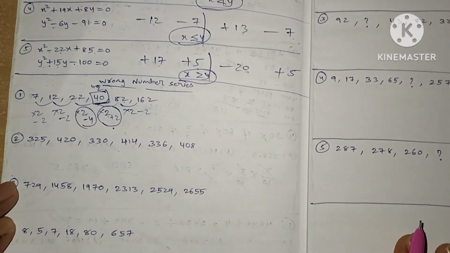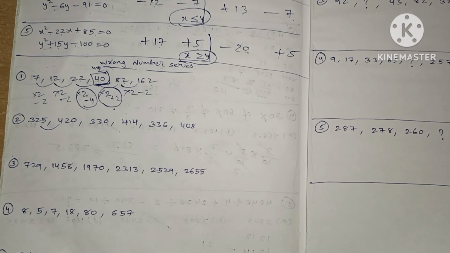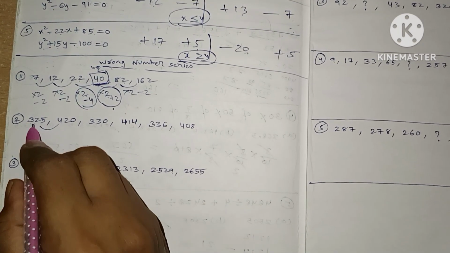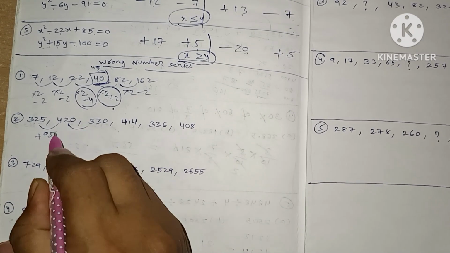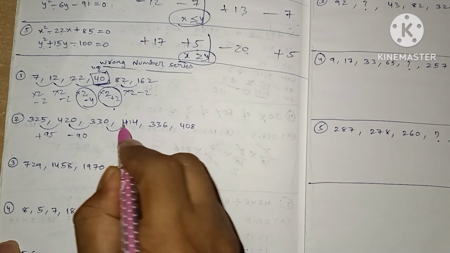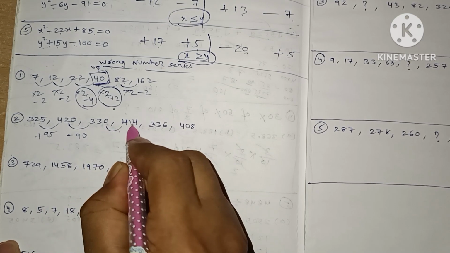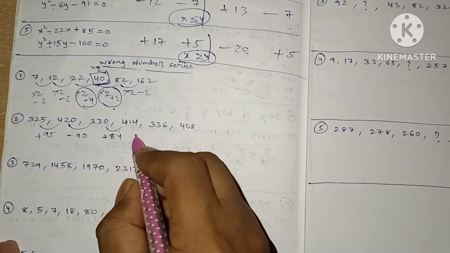Next, second question. Here we see the differences. The difference between these two is 75 plus 20, 95. Here we see 70 plus 20, 90. Here 70 plus 14, 84.